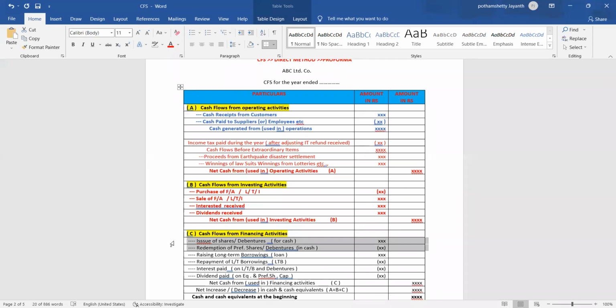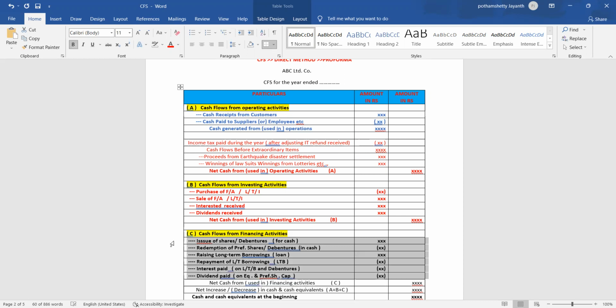And liabilities related: issue of shares or debentures. Next one, redemption of preference shares or debentures is outflow. Issue of shares and debentures is inflow, take only for cash. Loan taken from banks or financial institutions is inflow. Repayment of loans, long term borrowings is outflow. Interest paid, dividend paid on debentures or long term borrowings is outflow. Dividend paid is also outflow, on equity shares or preference share capital, whatever dividend you are paying.